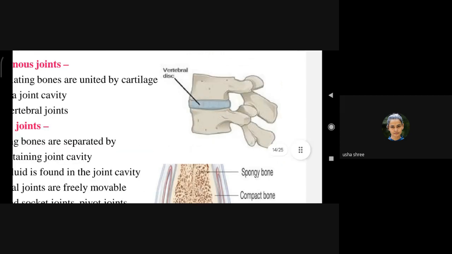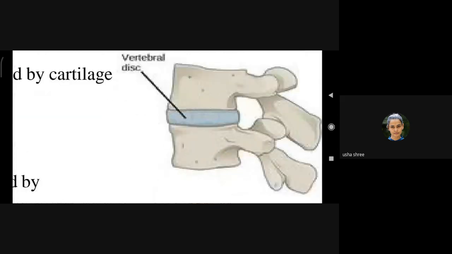You can see in the picture that this cartilage is connecting these two vertebrae, and there is no joint cavity present here.